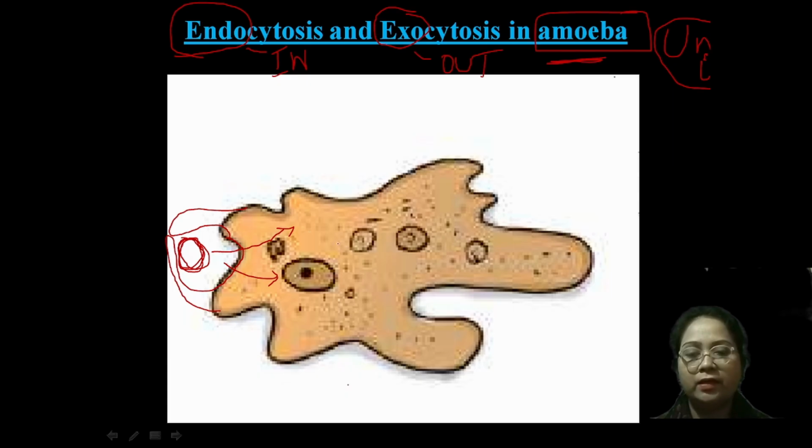And then after the amoeba engulfs it, there will be production of waste materials. Okay, and this toxic or waste material will be brought out of the cell, out of the body.